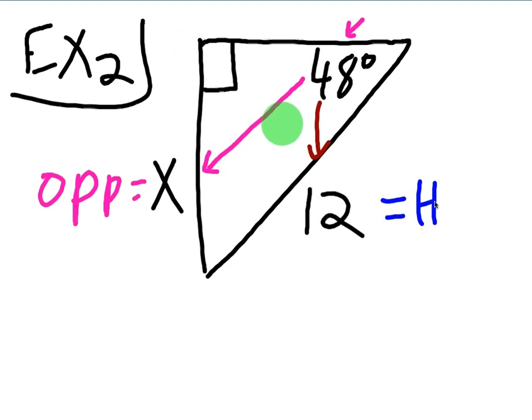Now, what trig function involves opposite and hypotenuse? Sine. So now what I'm going to do is write sine equals opposite over h.